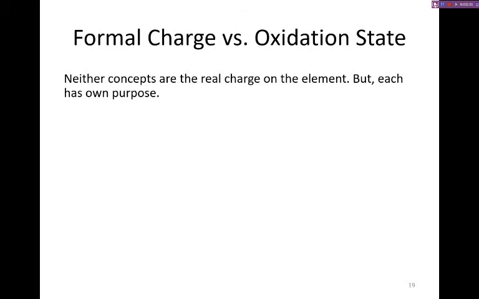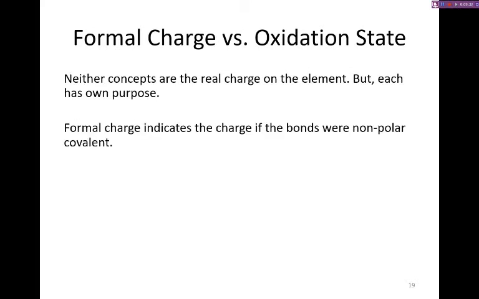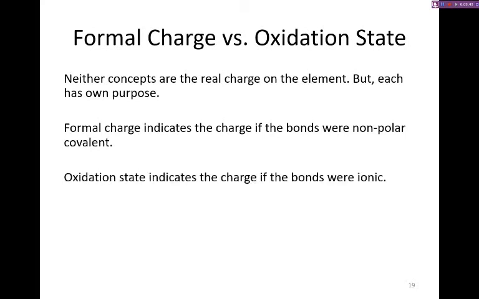Neither concept is the real charge of the element, but they each have their own purpose. Formal charge tells us the charge if the bonds were nonpolar covalent, whereas oxidation state indicates what the charge would be if the bonds were ionic.